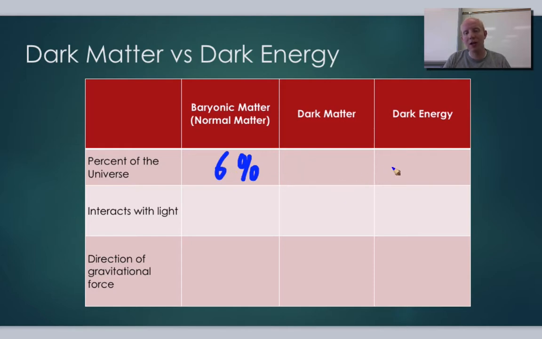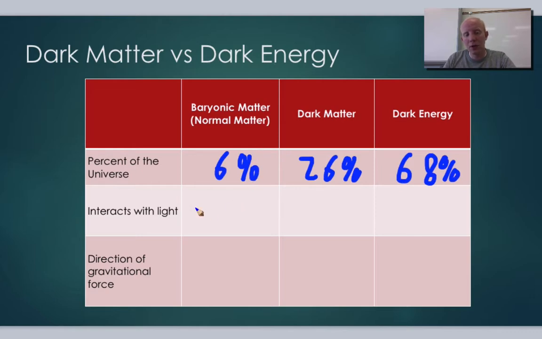Compared to dark matter and dark energy, they take up a lot of the universe. So dark matter makes up about 26% of the universe right now, if I'm not mistaken. The estimates usually change. And dark energy makes up about 68% of the universe. So only a tiny fraction of what we get to see is actually what the universe is made out of, which is kind of interesting. We'll talk about what that means in a second.